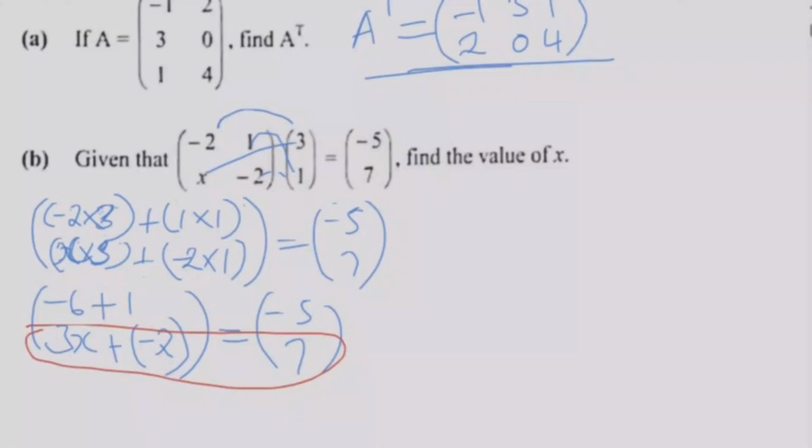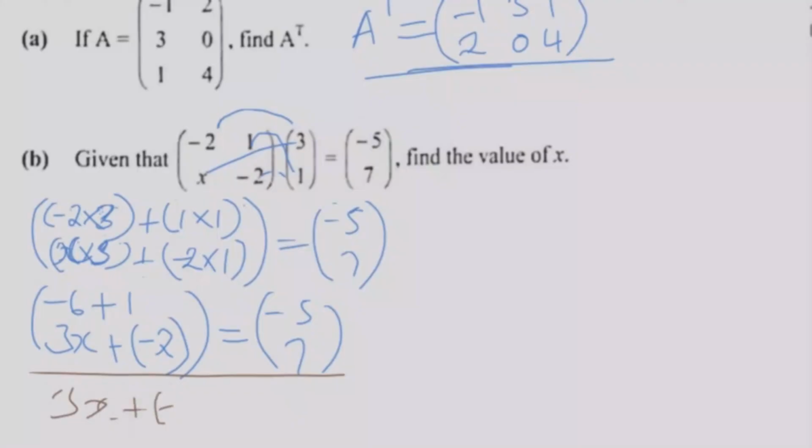So we can say 3x plus negative 2 is equal to 7. That's what you do in an exam, and the markers will give you marks after you get your correct answer. If at this stage you do it like this, the markers will give you all the marks.